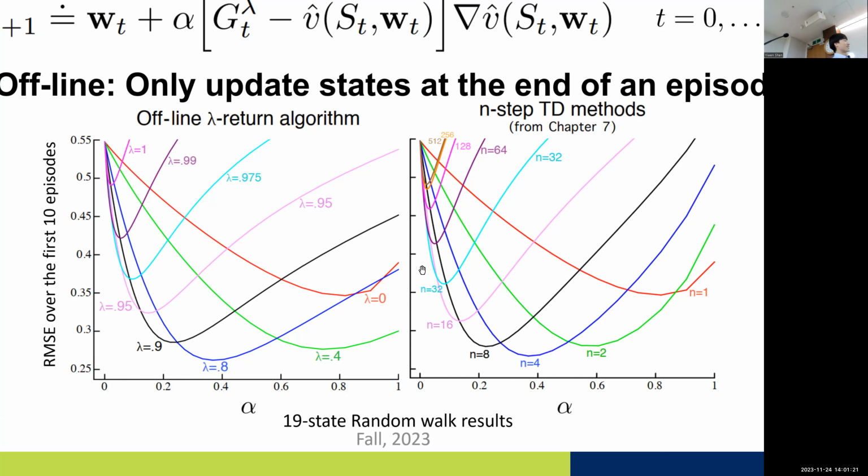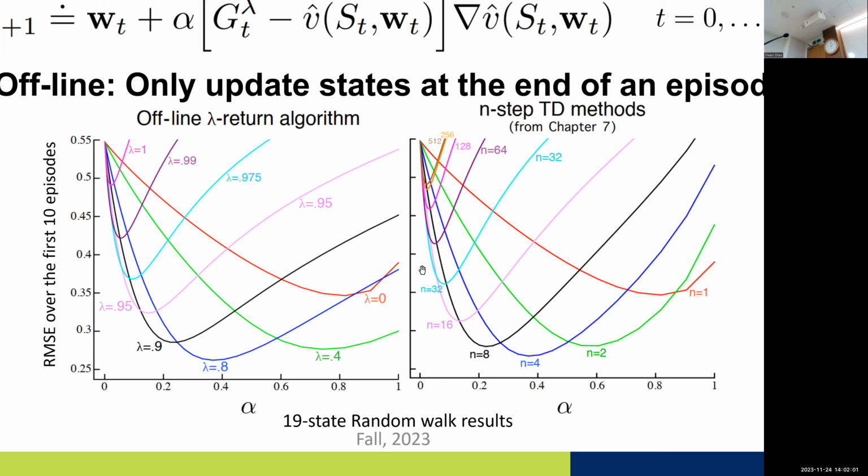Not really, because actually, the number of n here is unknown. It's a random number, because this is a 19 states random walk. It depends on this n. When we use the GT lambda, it will use all the states of an episode. So the size of the episode is random. As I mentioned in the beginning of this lecture, each episode will have a random time step, the n.